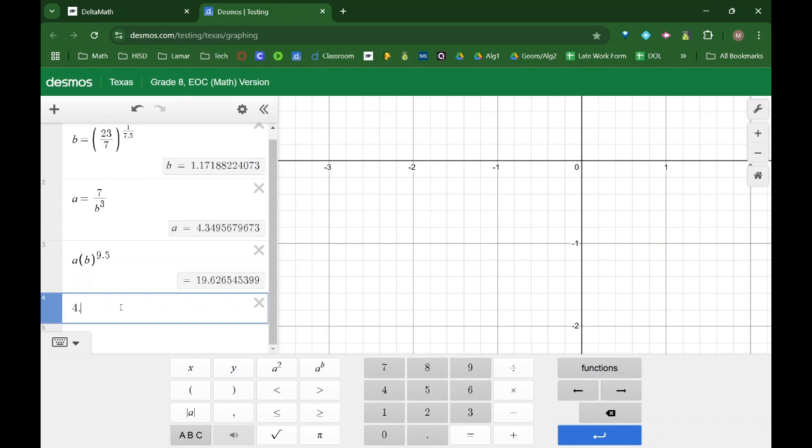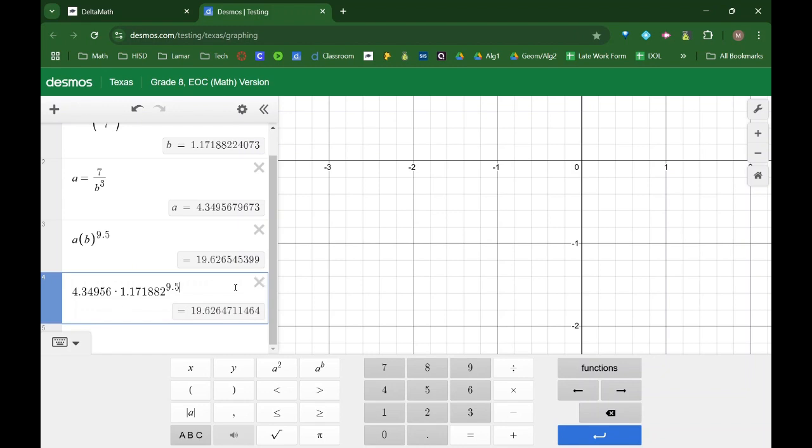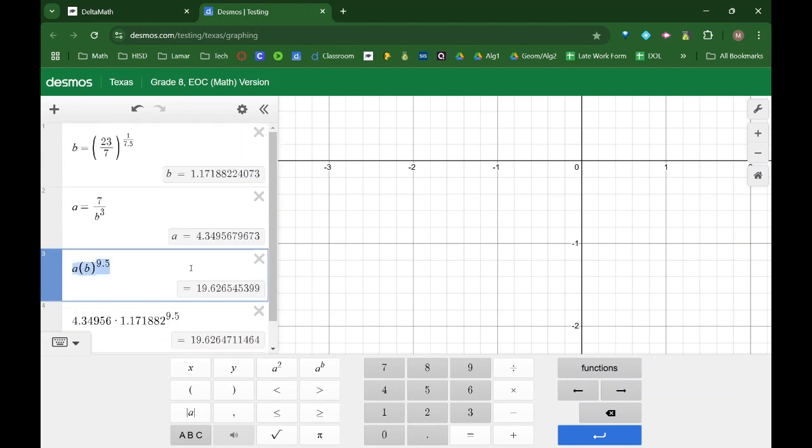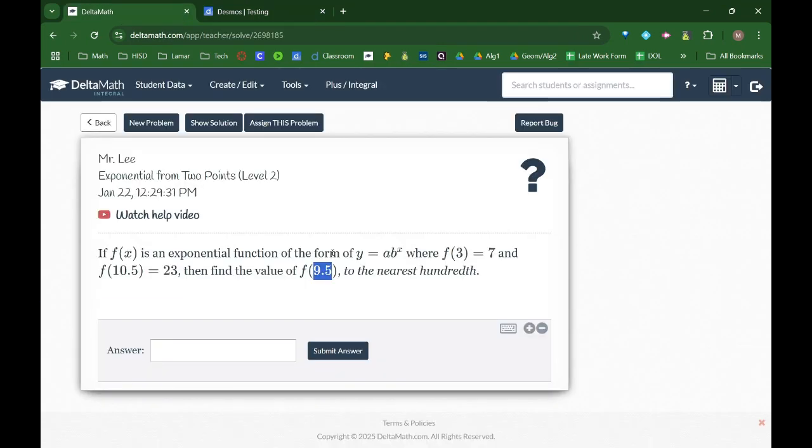If you really hate yourself, you can plug in the actual numbers, because that's really what the calculator is doing. The more accurate way is to plug it in like this, because this uses the exact values of a and b. Anyway, if you plug in enough decimal places, it should give you something accurate enough.